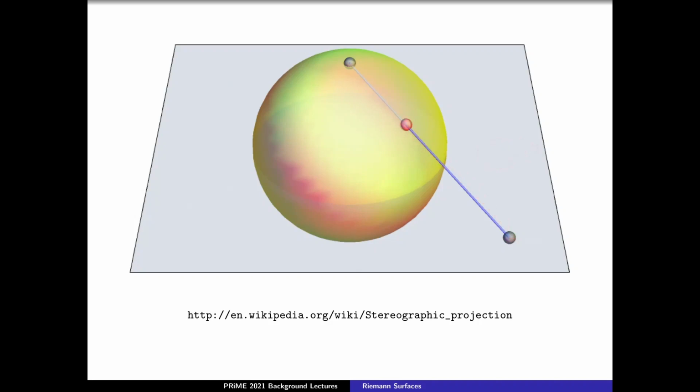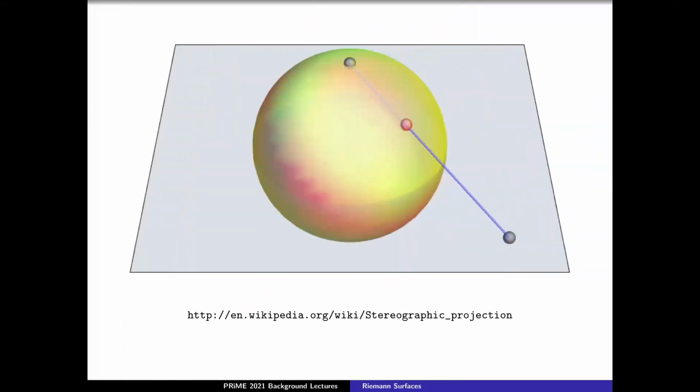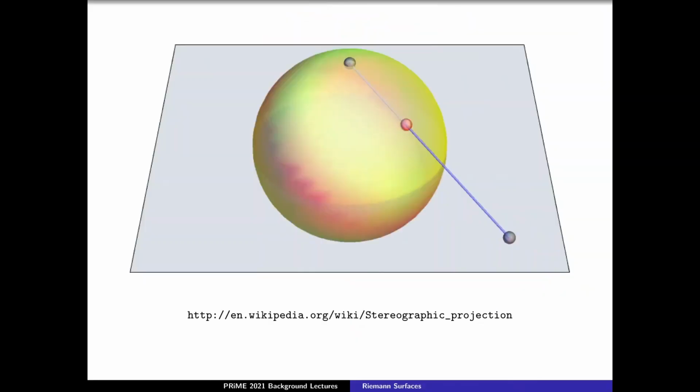And so this point here in the complex plane, that is our x. The point of the sphere that is not the North Pole, where the line intersects it, that is our (u, v, w). And so we have a nice visualization for this mapping.